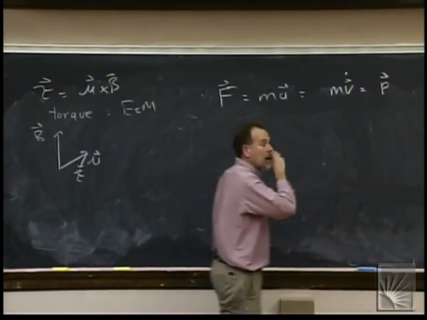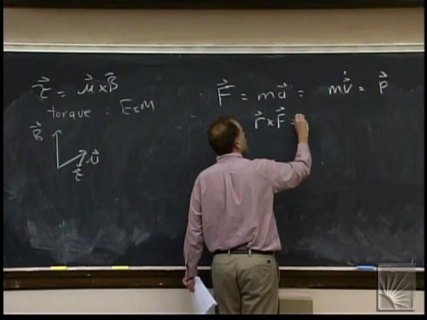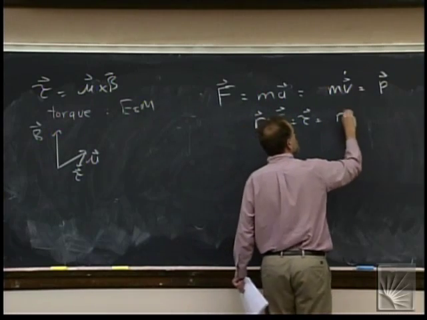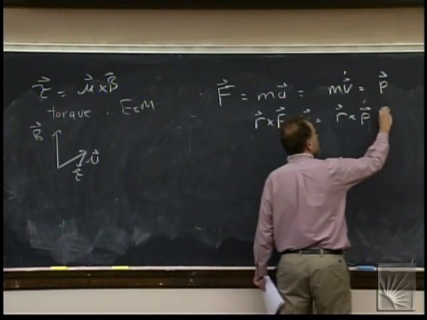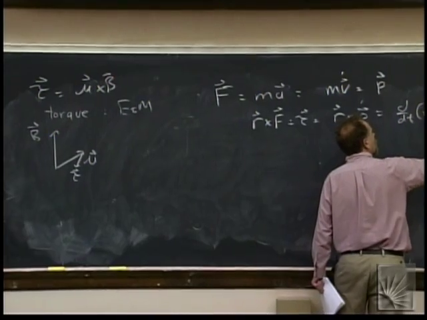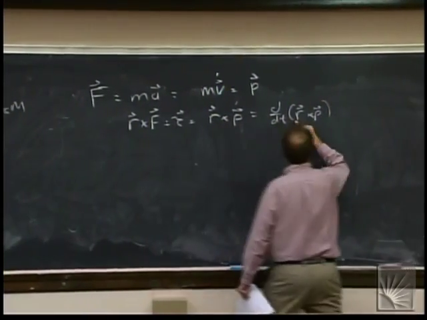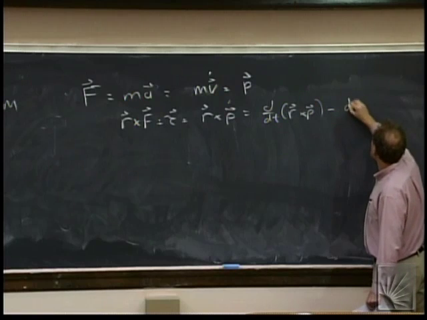I said that before. If I take r cross F, that's torque. And so that's r cross p dot. And that's equal to d by dt of r cross p. But I cheated. I put the derivative outside of r, so I better do that.